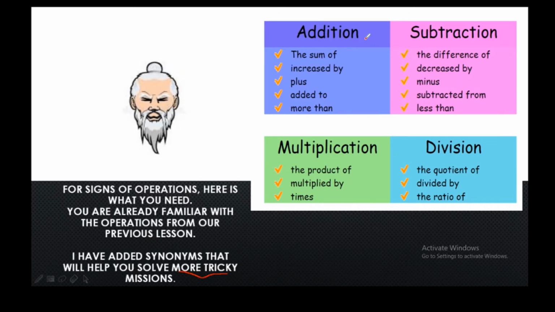For signs of operations, we have addition, subtraction, multiplication, and division. We already know what each of them is, but now we are doing word problems. So this is more of English language than mathematics. If you don't understand mathematical English, it will be difficult for you to solve these word problems.